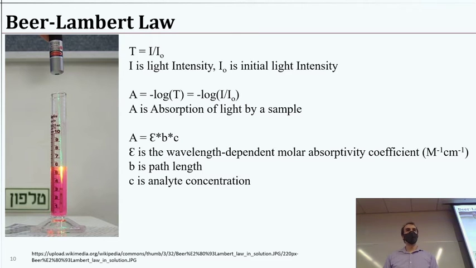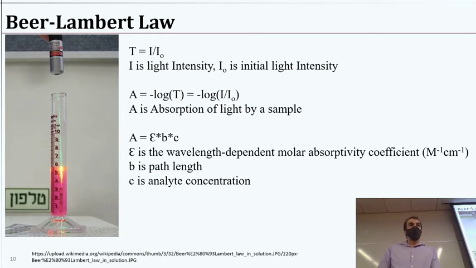Light through the atmosphere is attenuated, light through the ocean is attenuated, and eventually it gets really dark. Light through a solution with something that absorbs that light is going to attenuate on the basis of how much light is being absorbed. And so we have this law. Our transmittance, we can call it, is I over I naught, the intensity we observe coming out compared to what we started with.